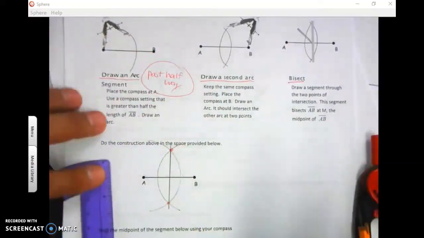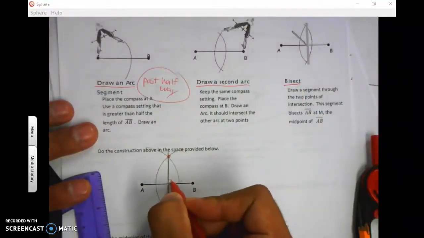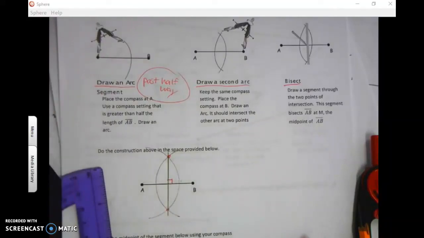And that segment is called a bisector. It should be in the middle. If it's not perfect, I can understand because our compasses are kind of fragile. However, I do need to see all of these lines, all these arcs, exactly like this.